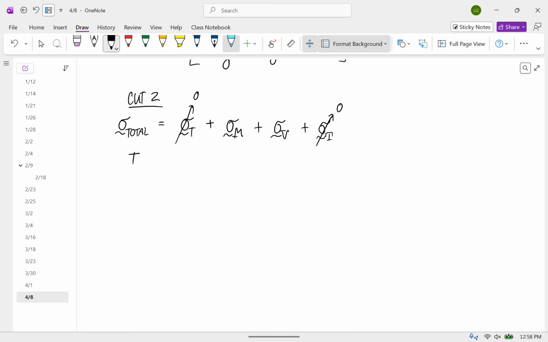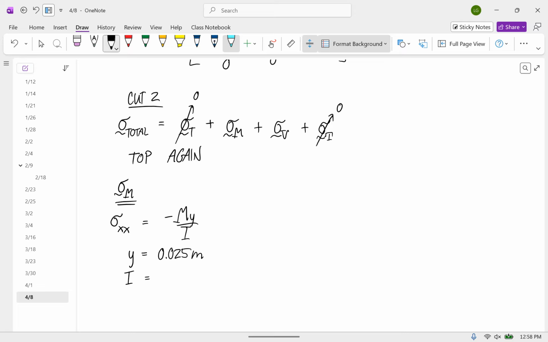I'm going to look at the top again, but I could just as easily look at the bottom and we get the same answers. So the stress due to bending moment, our formula is this. I doesn't change. That's just a function of the cross section. Y doesn't change. But M does change. So our Y is still going to be 0.025.